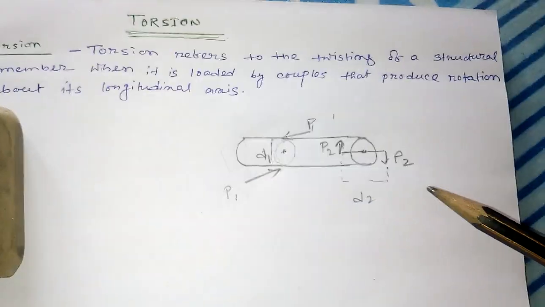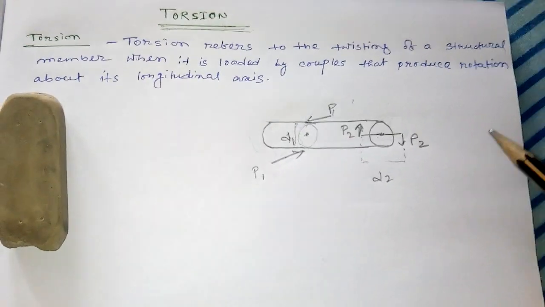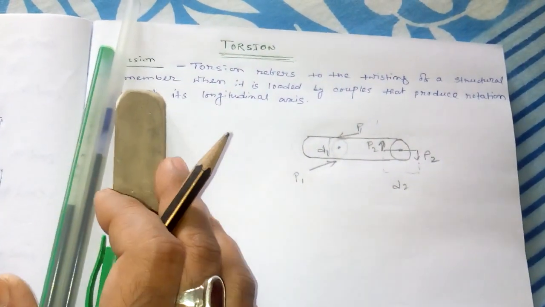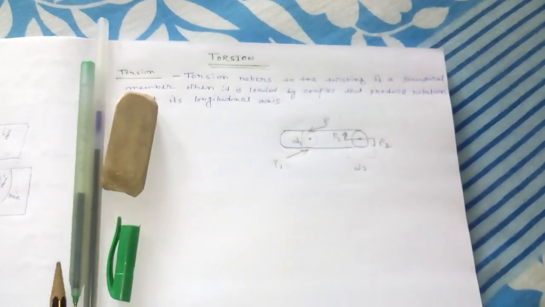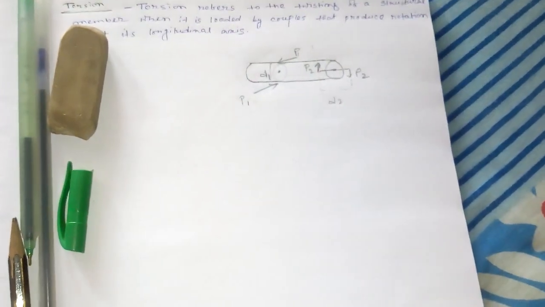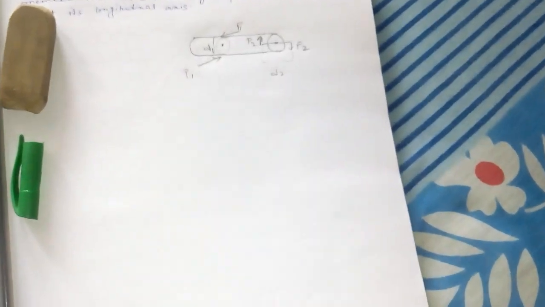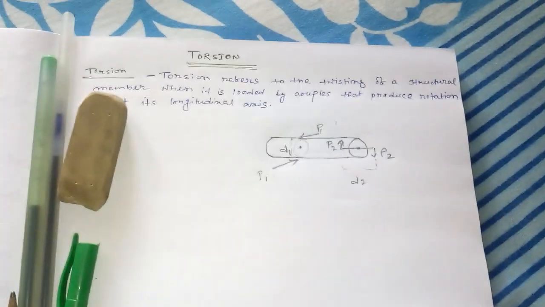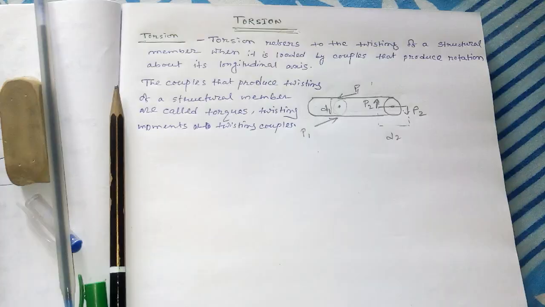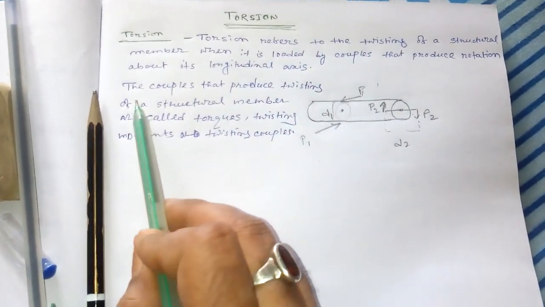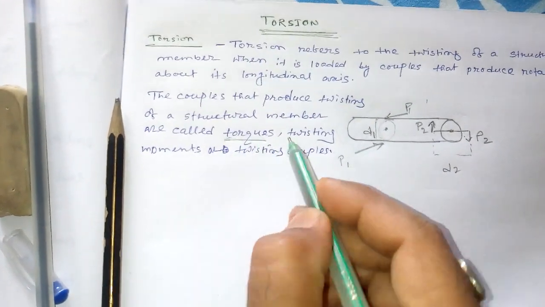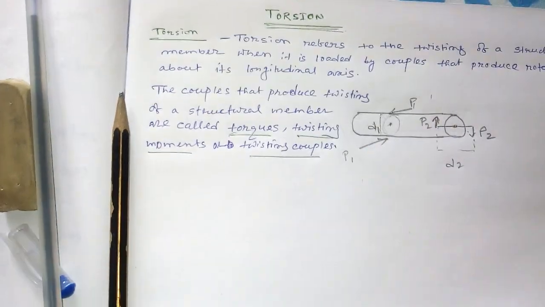Those couples will be called torque, or twisting moments, or twisting couples, right? So the couples that produce twisting of a structural member are called torque, twisting moments, or twisting couples.